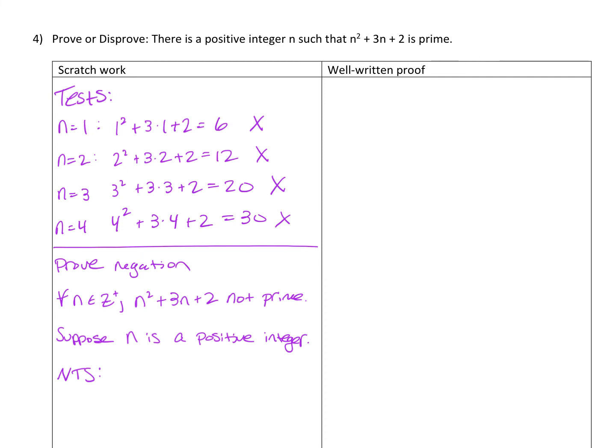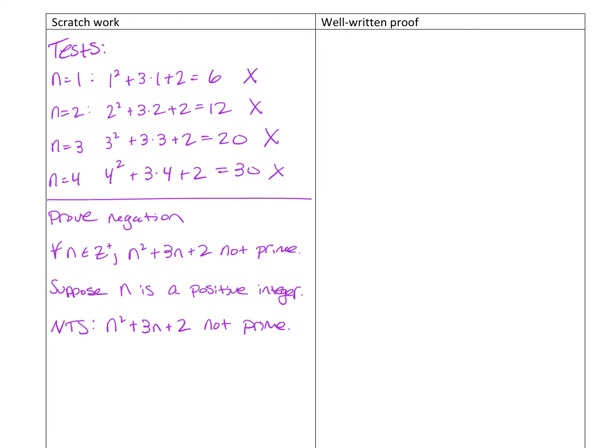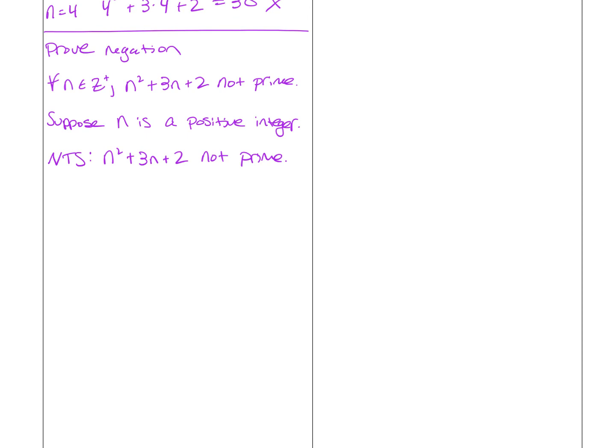Okay, so I need to show the second part, that n squared plus 3n plus 2 is not prime. So let's play around with n squared plus 3n plus 2. See what we can say about it. I can factor it. n squared plus 3n plus 2 is n plus 2 times n plus 1.